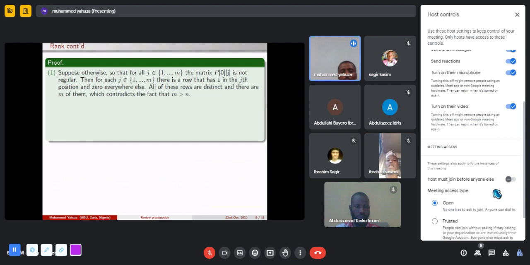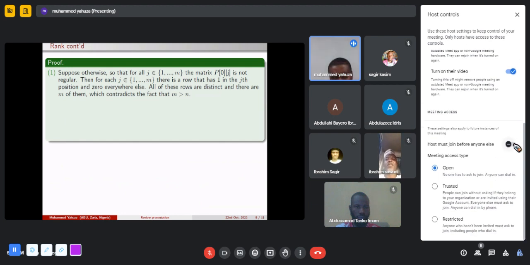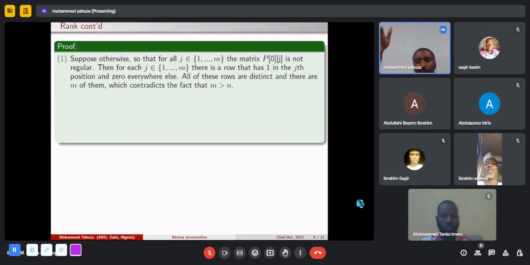And this is correct, because for this to be not regular, it means if there is a 1 in the jth position, and we delete the jth column, all other entries of that row will be 0 except the 1 in that column. So that is why we say suppose otherwise, so that for all j the matrix is not regular.